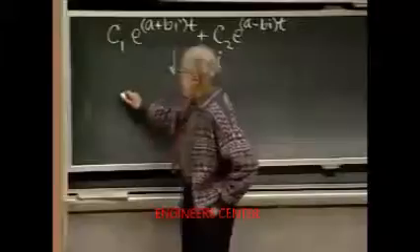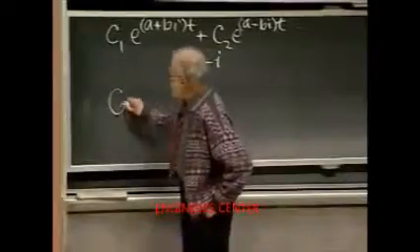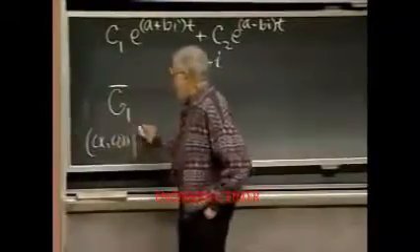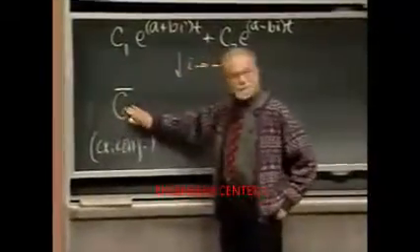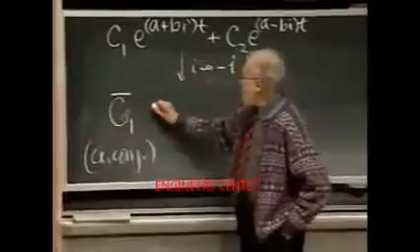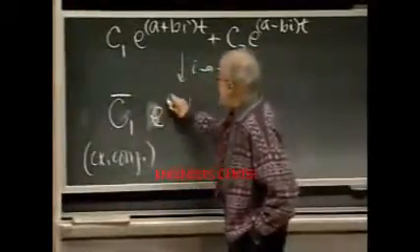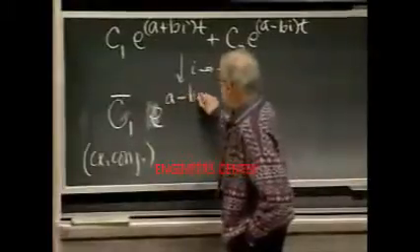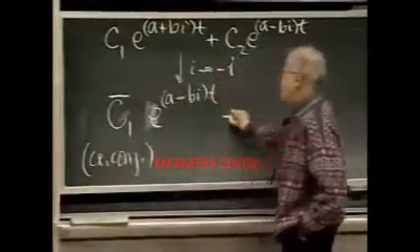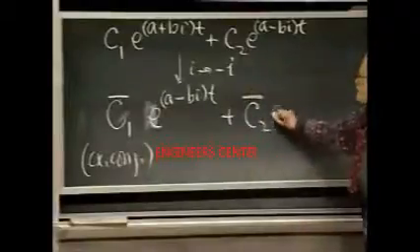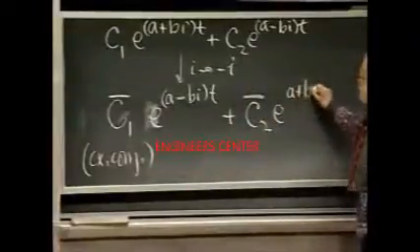So when I do that, the C1 changes to C1 bar, the complex conjugate of C1. What happens to this guy? This changes to e to the a minus bit. This changes to the complex conjugate of C2, now times e to the a plus bit.